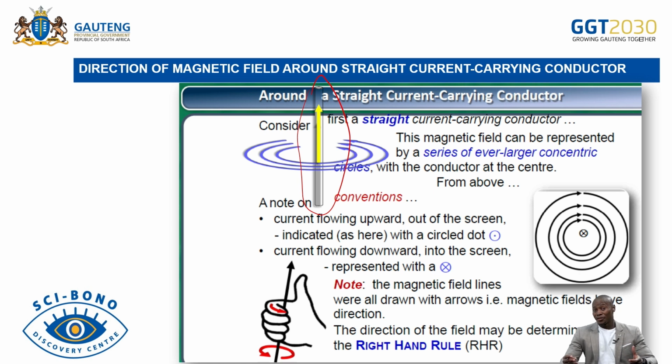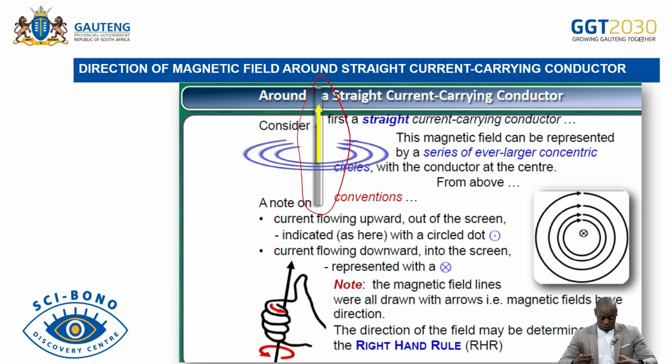Another thing which is very, very important here is the direction of the current, right? If we check here, for this straight conductor, the direction of the current is out of the page, all right? If the arrow is facing up like this, it means it's out of the page. Since I'm using the screen here, it means out of the screen.